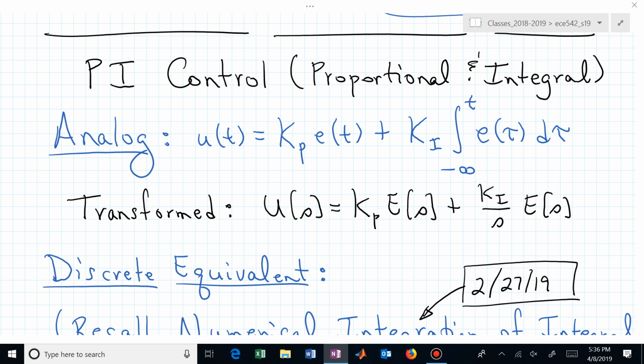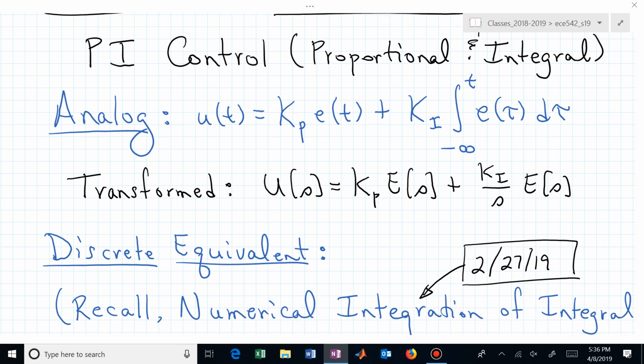If we take that into the S domain, we're now simply realizing that the integration operation is 1 over S in the Laplace setting, and now we have K sub P E plus K sub I over S times E. E is common to both pieces.